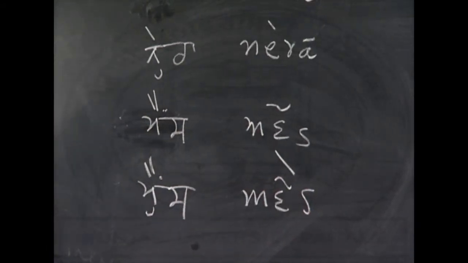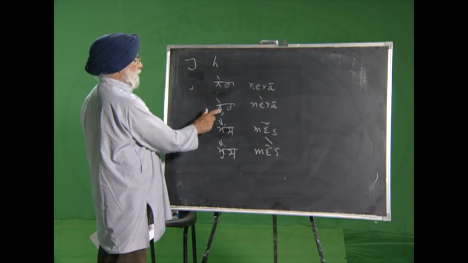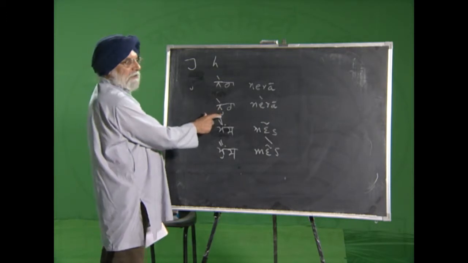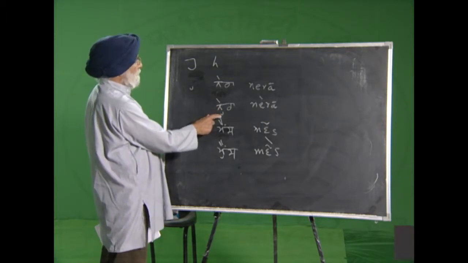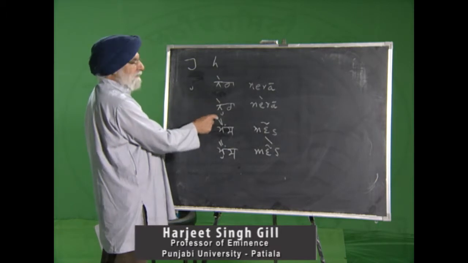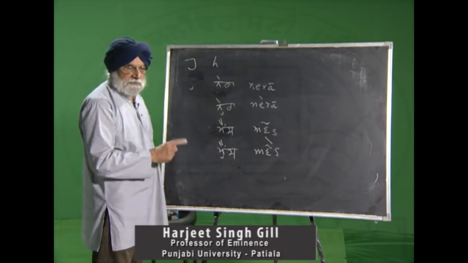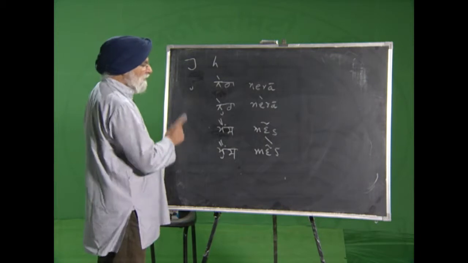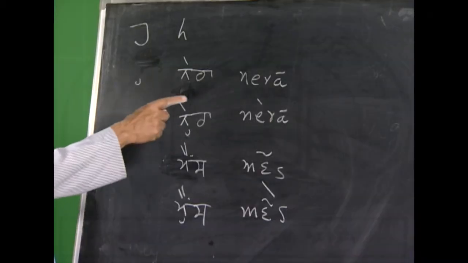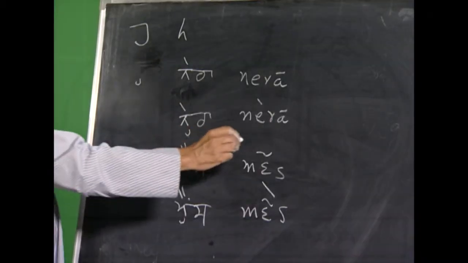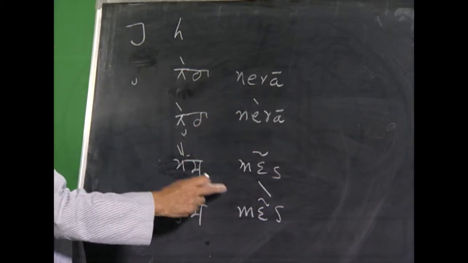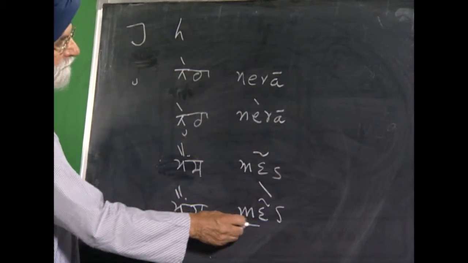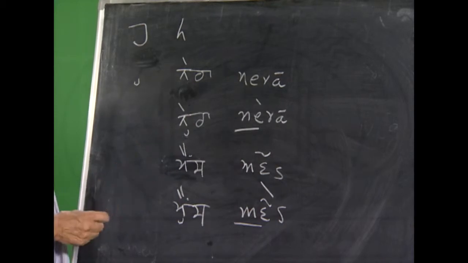That means by putting that short ha below the letter in the initial position, and this is again very important, only in the initial position, it corresponds to a low tone: consonant plus low tone, like in these two situations.